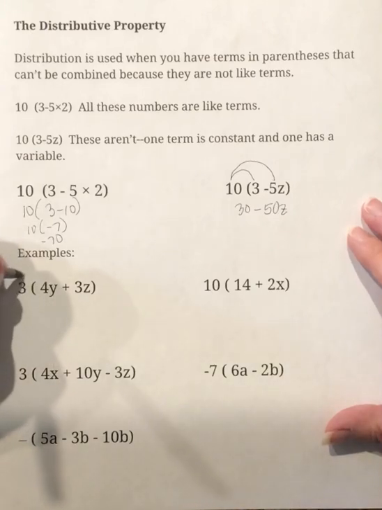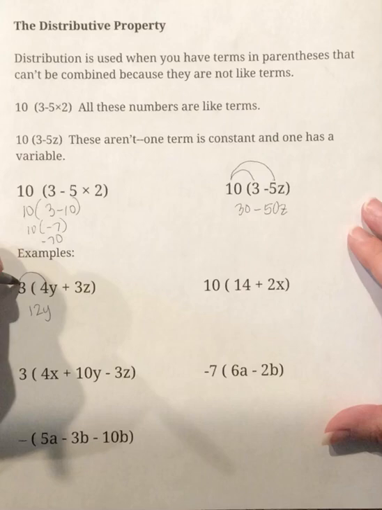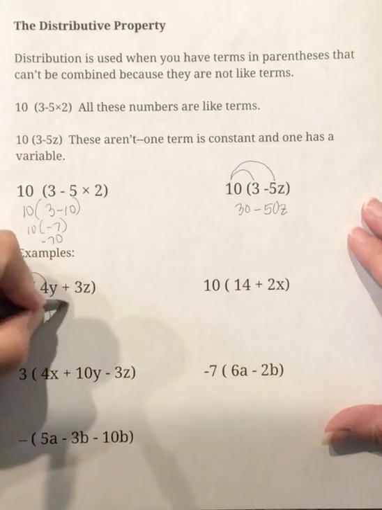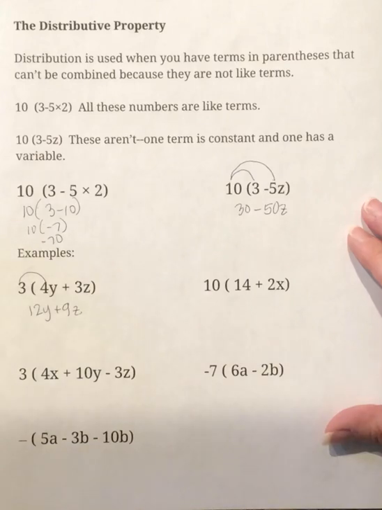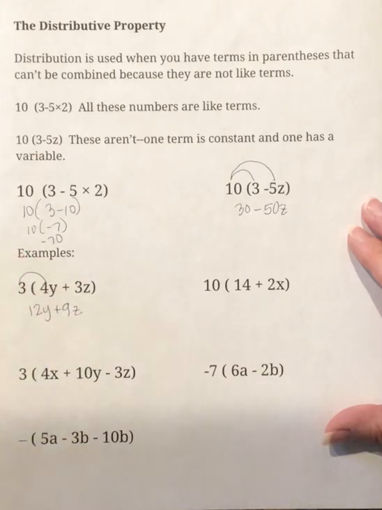So 3 times 4, both positive, is positive 12y. I have a positive 3 times a positive 3, which is positive 9z. And again, this is as simple as it's going to get because I cannot add these together since I have unlike terms. In that case, I would just be done.